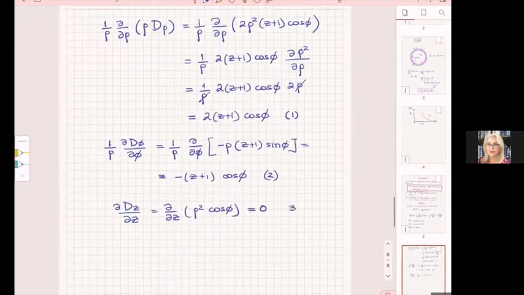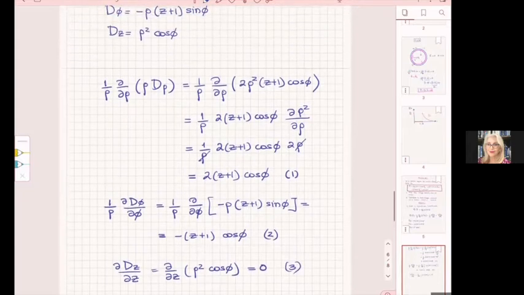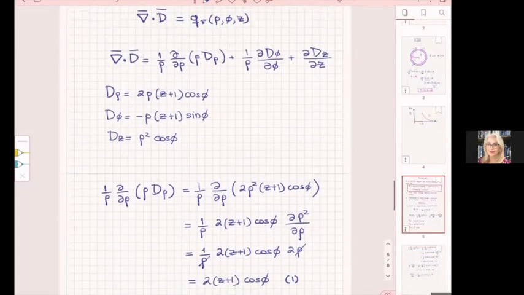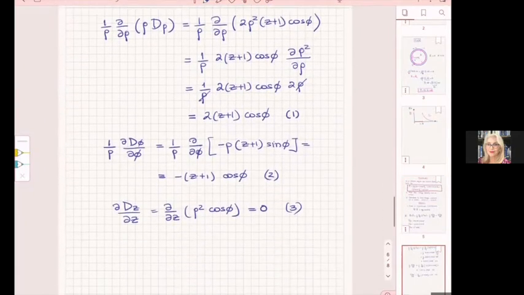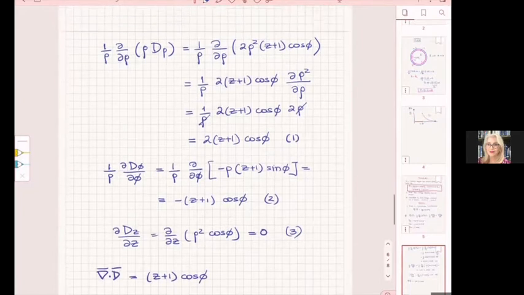And that's 3. So if we put 1 plus 2 plus 3 in this equation here, we have the divergence of D. It will be the sum of 1, 2, and 3, so it's going to be (z plus 1) cosine phi. So what is that?